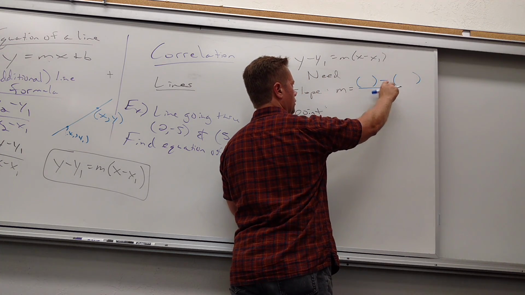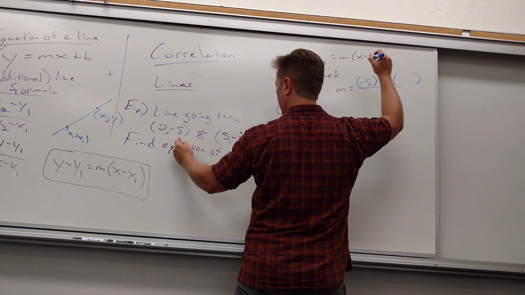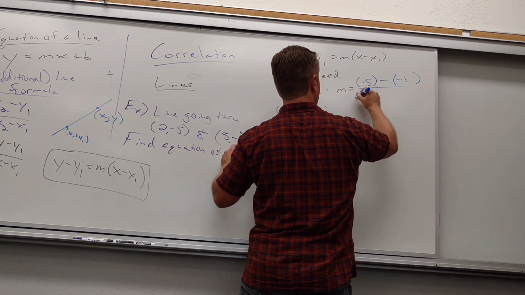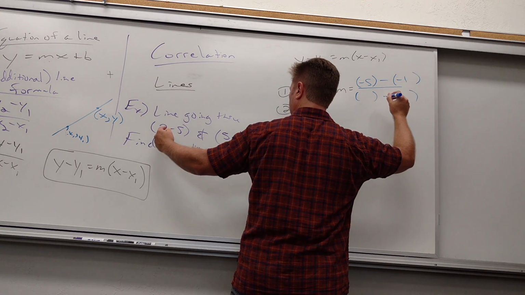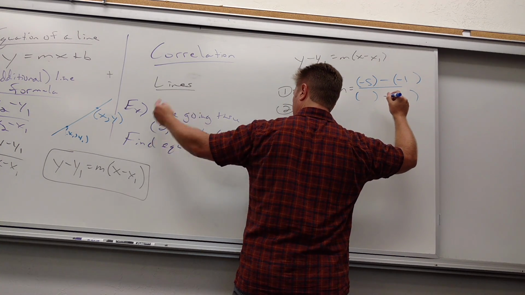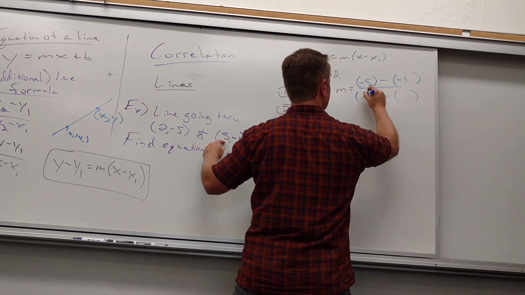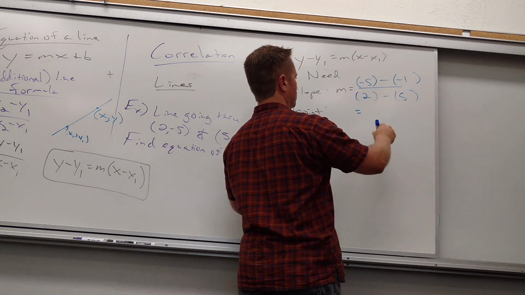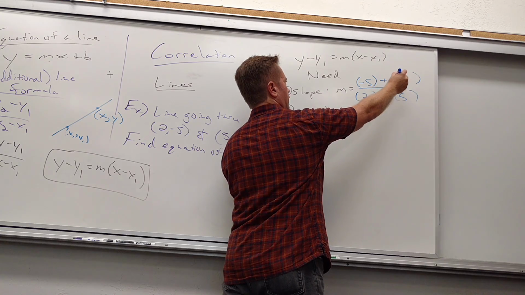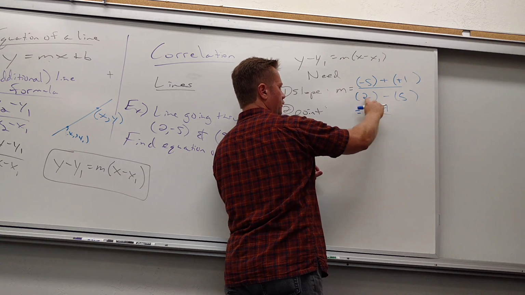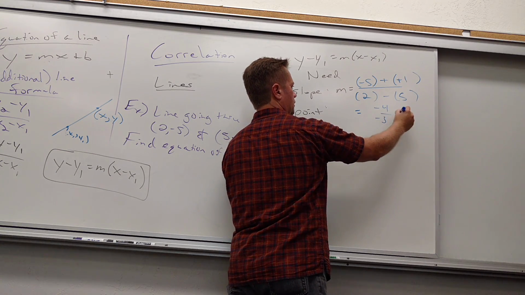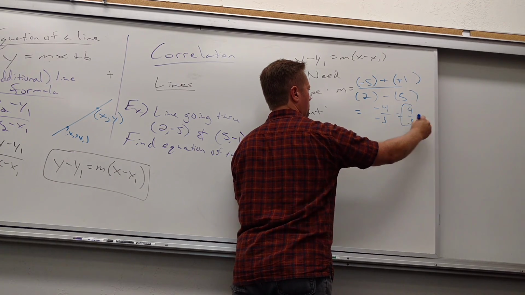There's got to be a minus in the equation, and then it's -5 minus -1 over, now I've got to do the same direction, 2 minus 5. So what do you get there? You get -5 plus 1, -4 over 2 minus 5. I get 4/3. So the slope is 4/3.